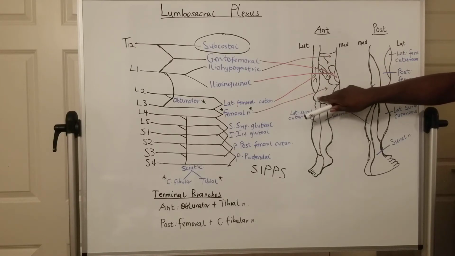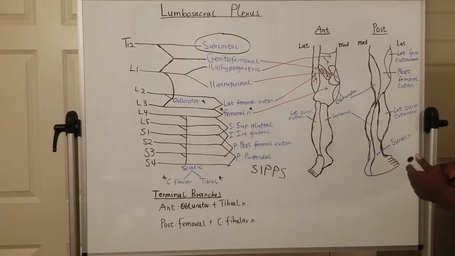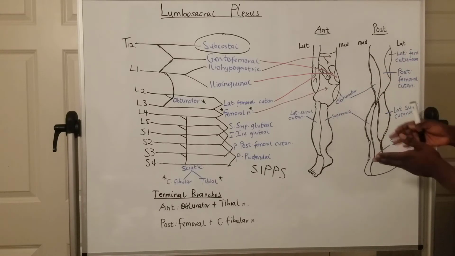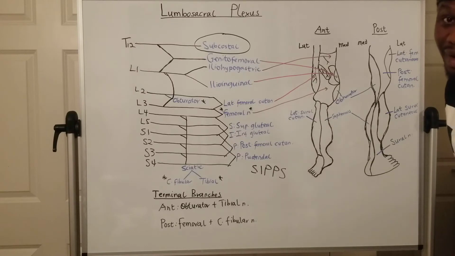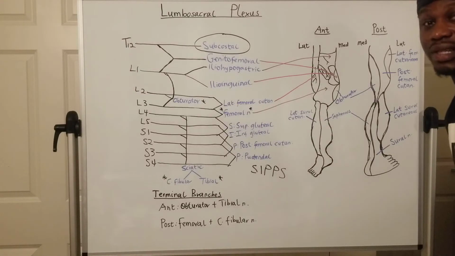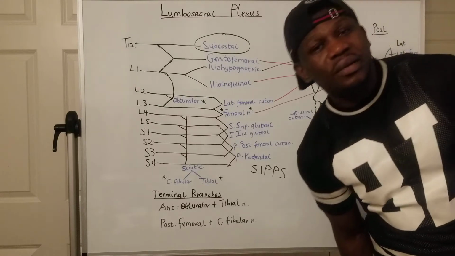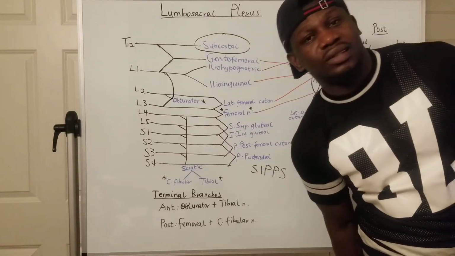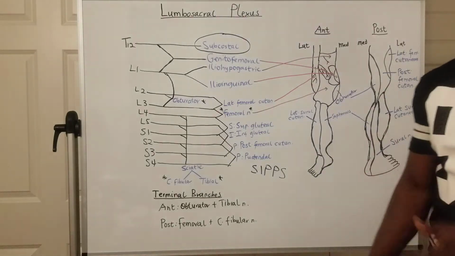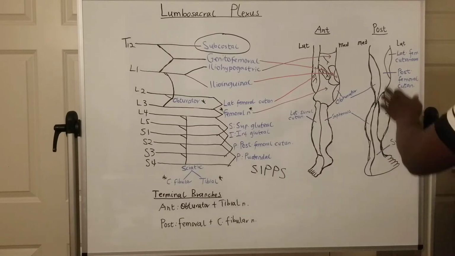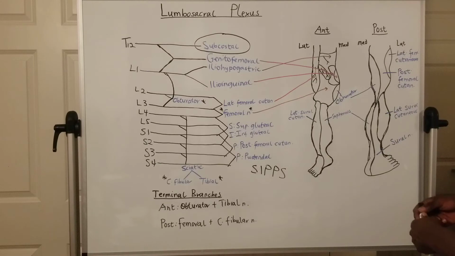The obturator nerve provides sensation on the anterior and posterior sides of the medial thigh. And on the posterior side of the thigh, we have the posterior femoral cutaneous, which is right here. Posterior femoral cutaneous provides sensation to the posterior side of the thigh.